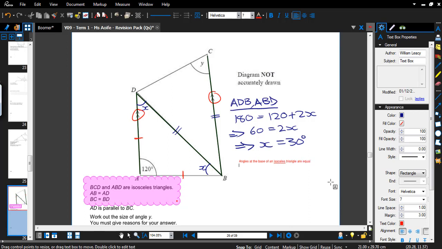That's one. And the second reason was angles in a triangle sum to 180.